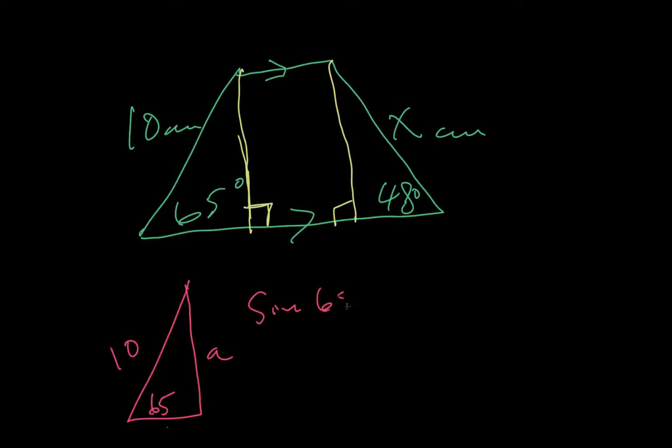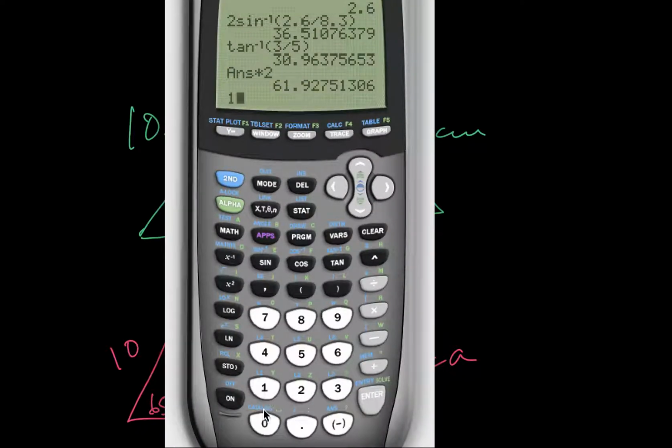So sine 65 equals the opposite over hypotenuse. We multiply both sides by 10. 10 sine 65 equals A. Get our calculator. We say 10 sine 65, and we get 9.063.